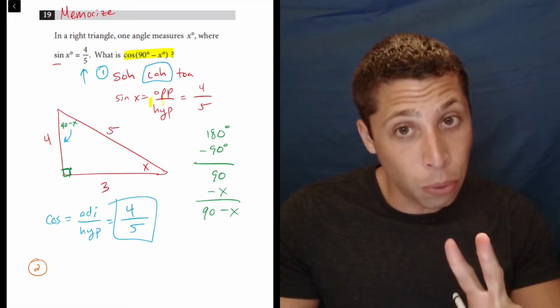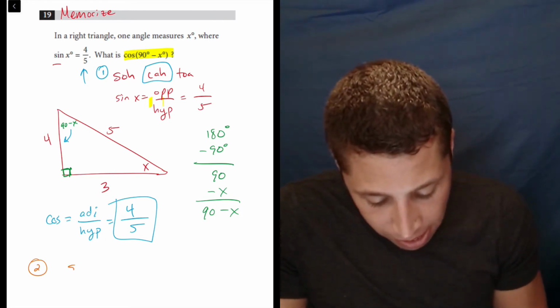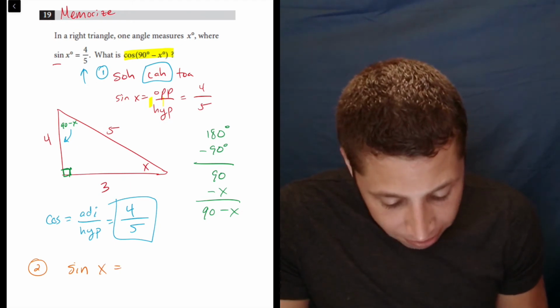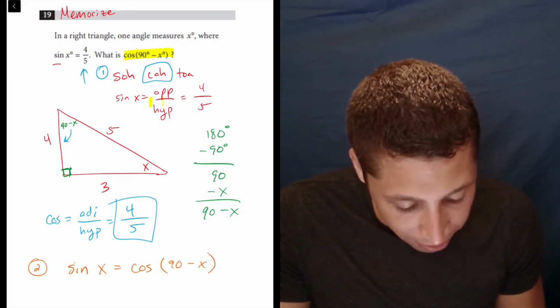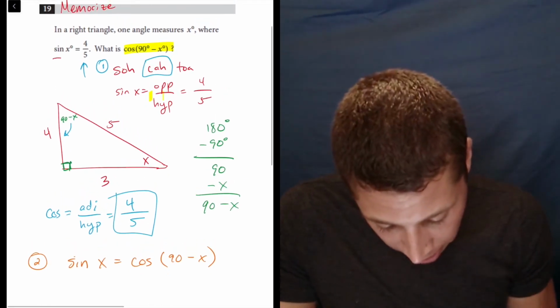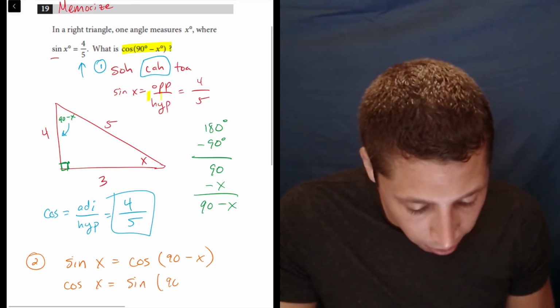The second rule, the only other trigonometry rule that we really need on the SAT, is this formula. The sine of x is equal to the cosine of 90 minus x. Or we could flip it. We could also say that the cosine of x is equal to the sine of 90 minus x.